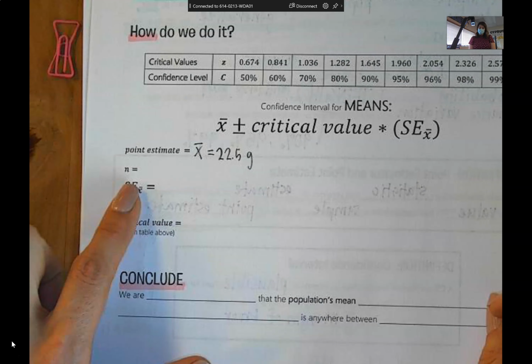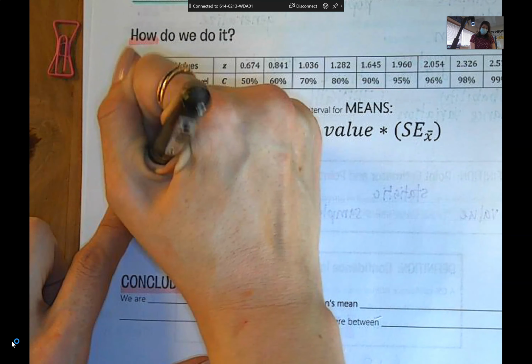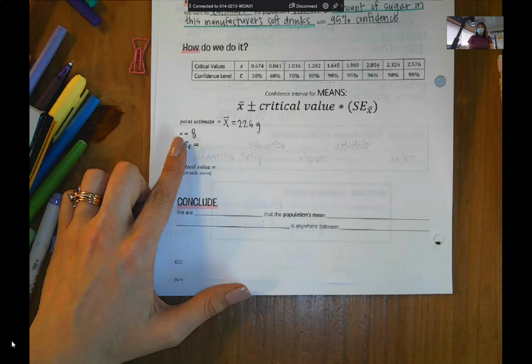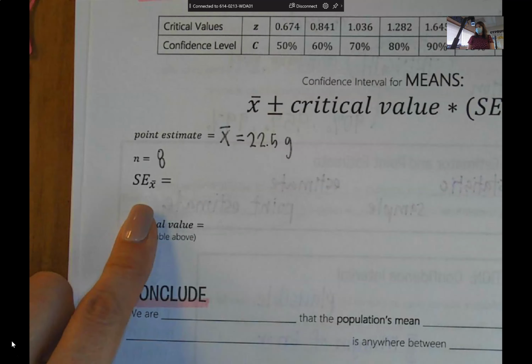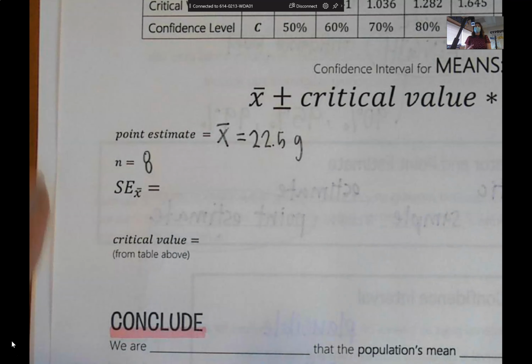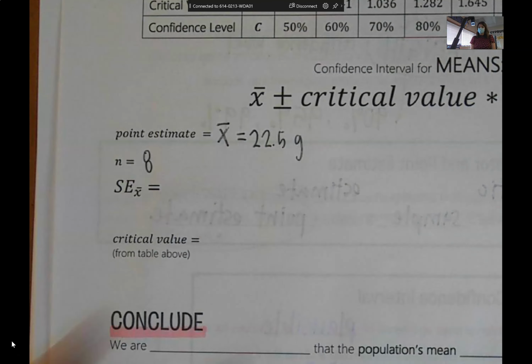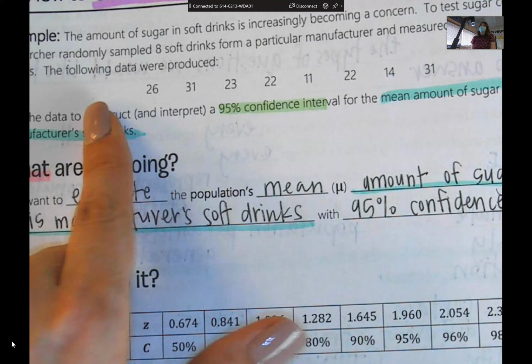Okay, underneath it wants us to identify our sample size. That was 8. And the reason why it wants us to identify our sample size is so that we can find the standard error. So standard error is a different way of describing standard deviation. It tells you how spread out your sample is.